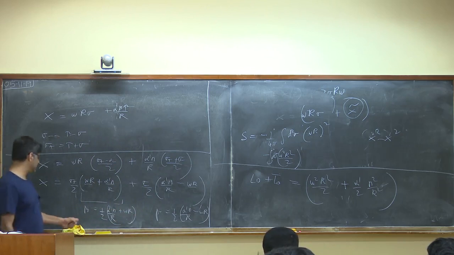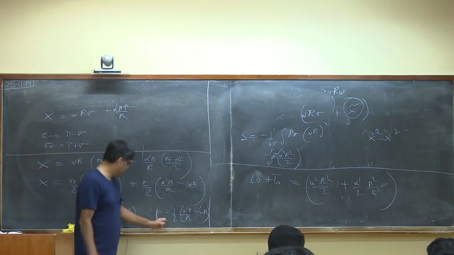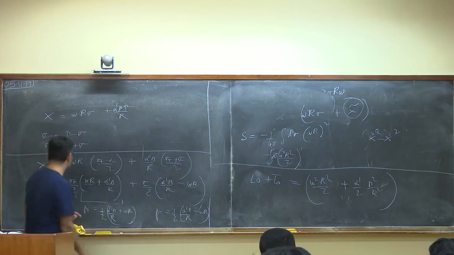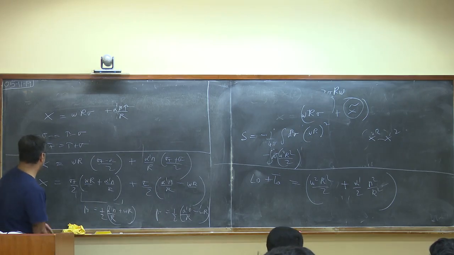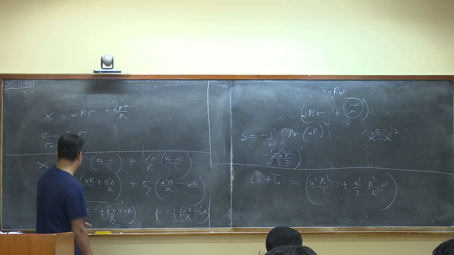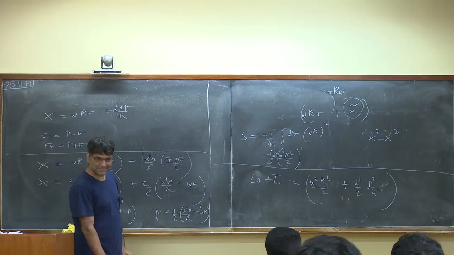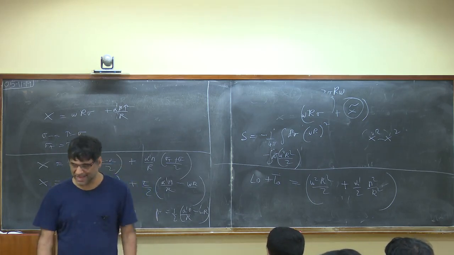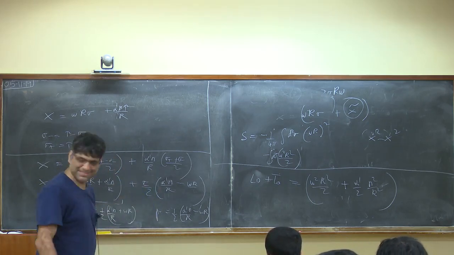Quantization of the string tells us that the left moving momentum and the right moving momentum, the coefficients of sigma plus and sigma minus, are given by these quantities.